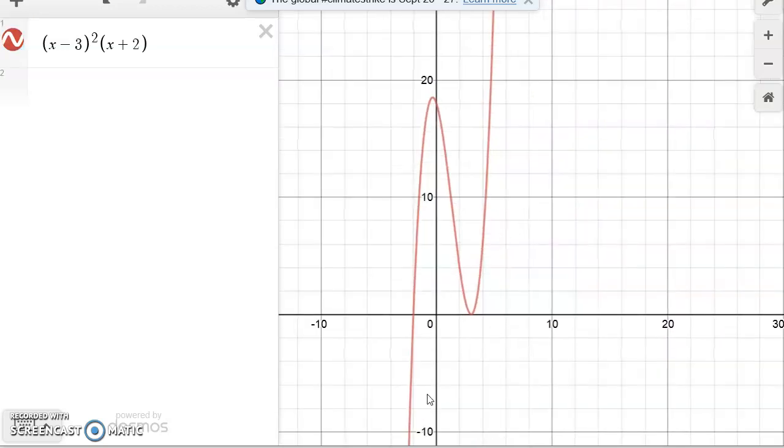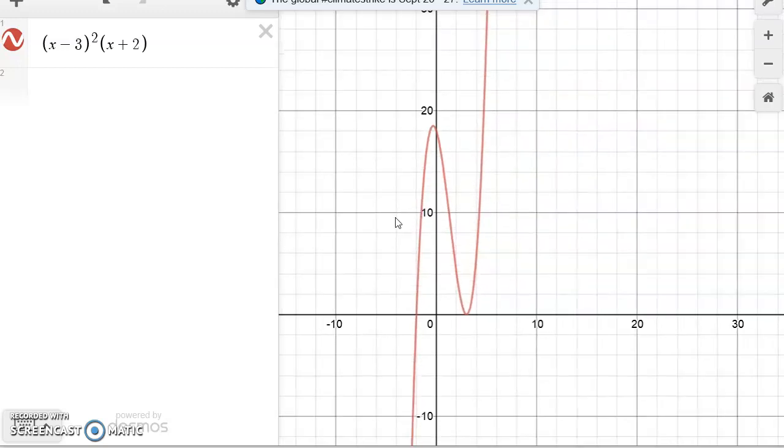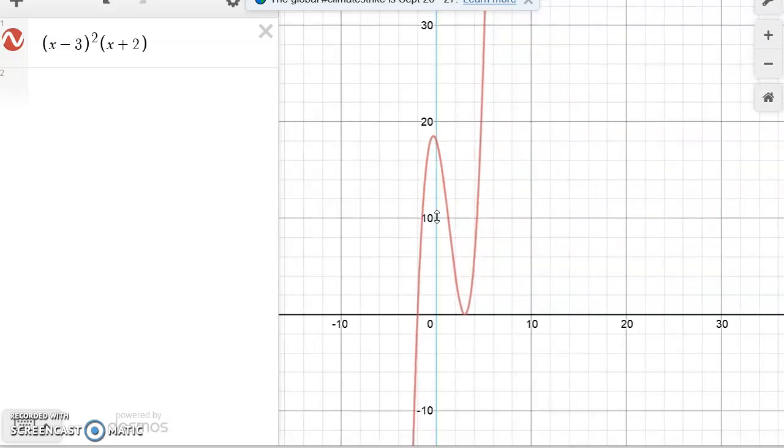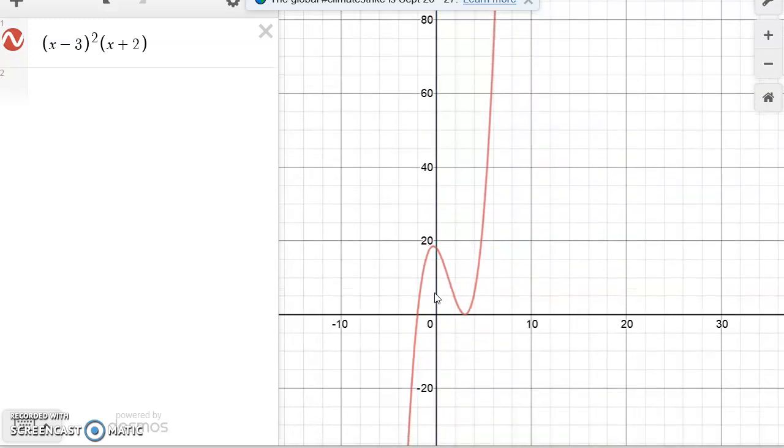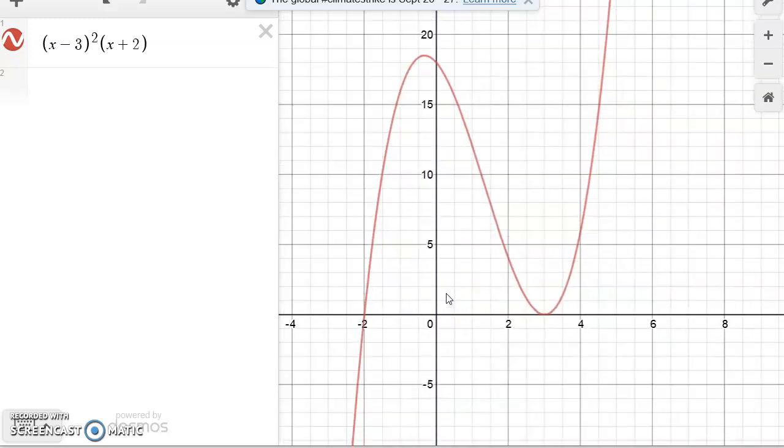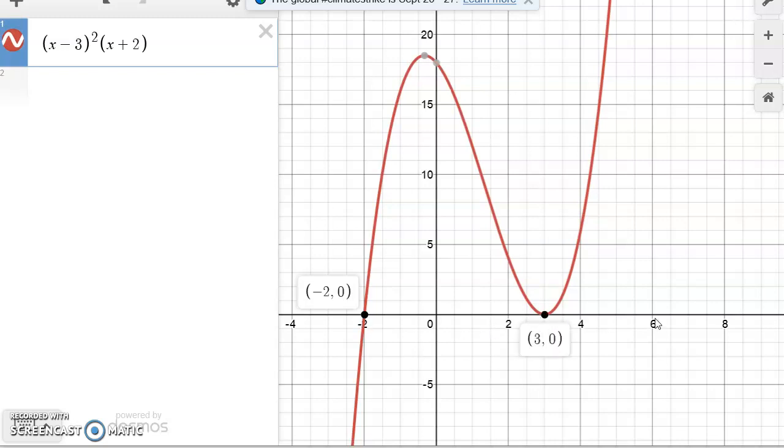And we can see that it does have that end behavior. As x goes to infinity, y goes to infinity. As x tends to negative infinity, y tends to negative infinity. Let me shrink this graph a little bit so I can zoom in. All right, so I can see my x-intercepts. There's one right here, and there's one right here.